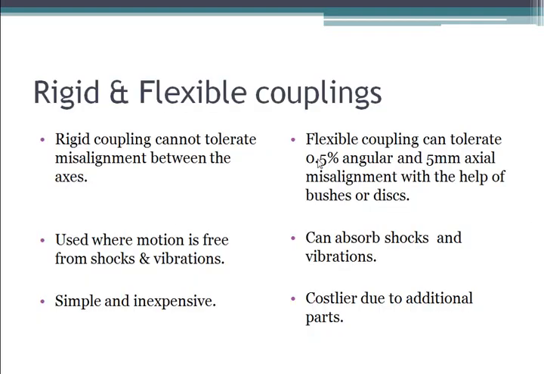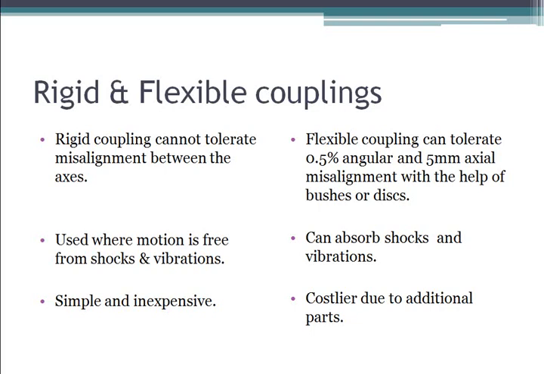The main couplings are basically classified into rigid couplings and flexible couplings. The rigid couplings are the simple ones and the flexible couplings are the modified ones. Rigid couplings cannot tolerate misalignment between the axes. If there is any misalignment between the output shaft and the input shaft, it cannot be tolerated by rigid couplings.